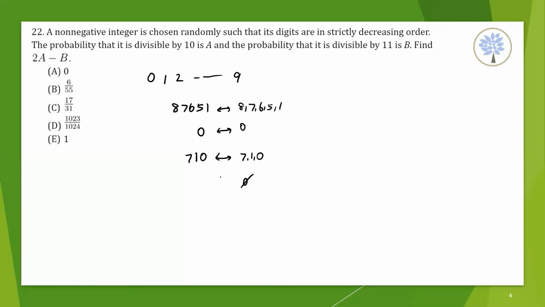So what happens with the empty set? When we have the empty set, this means the number we're considering has no digits. But any non-negative integer has at least one digit, whether it's 0 or a positive integer. So this is the only subset of 0 through 9 that cannot be the set of digits of a non-negative integer whose digits are in strictly decreasing order, since there are no digits.